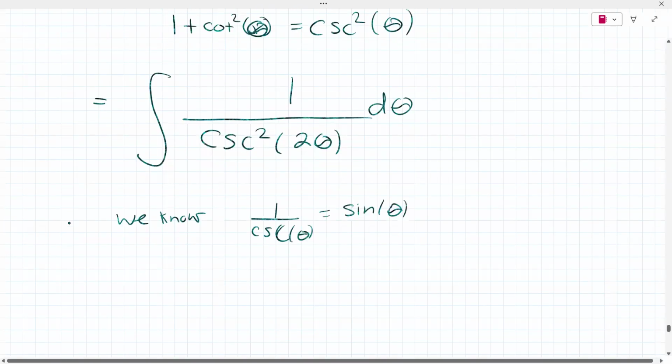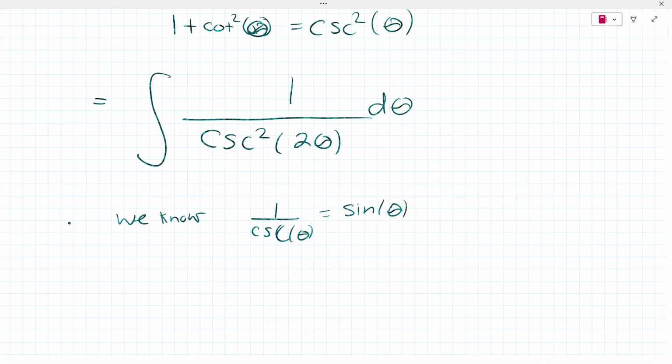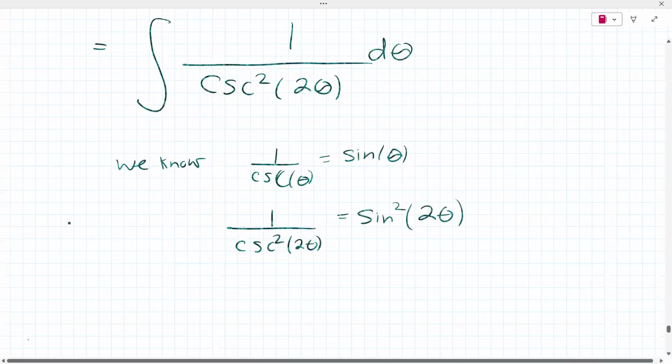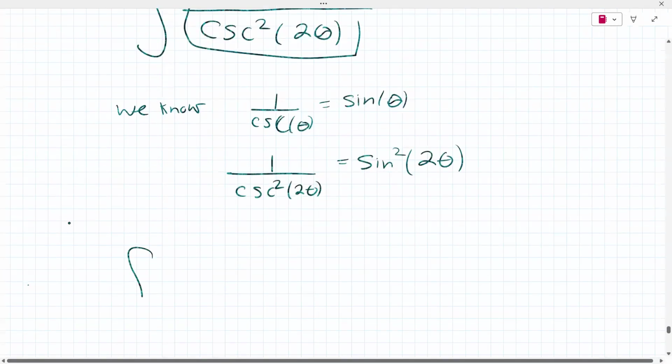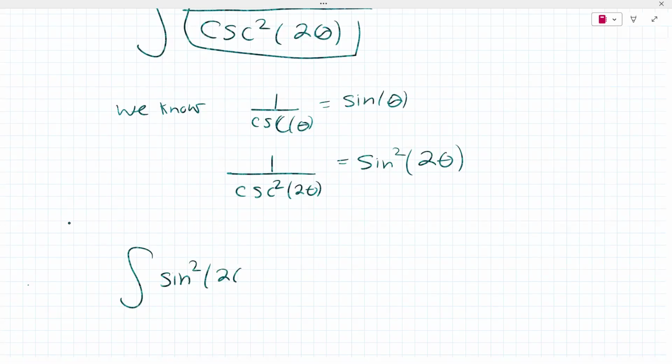So if we have 1 over cosecant squared 2 theta, it's going to be sine squared of 2 theta. Okay, so we can rewrite this as the integral of sine squared of 2 theta d theta.